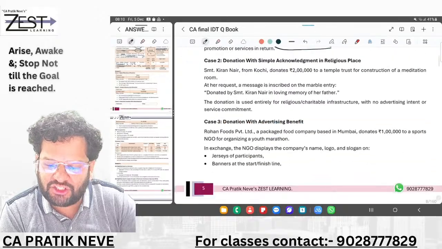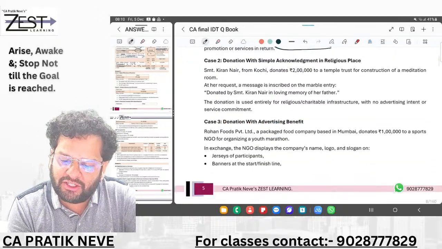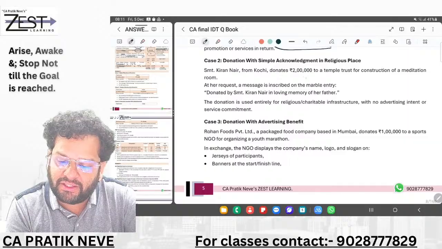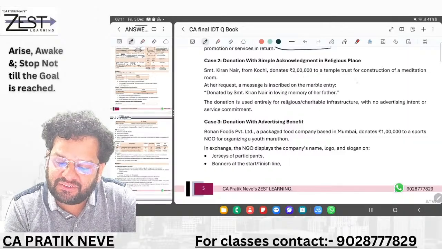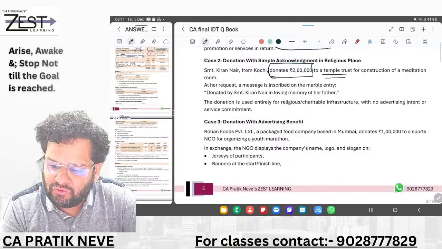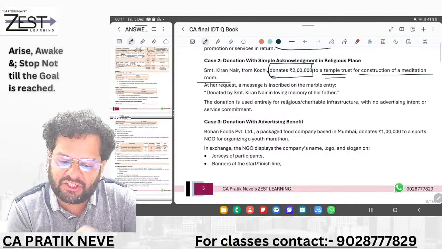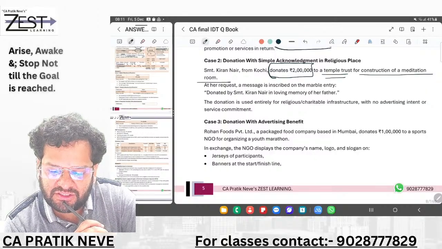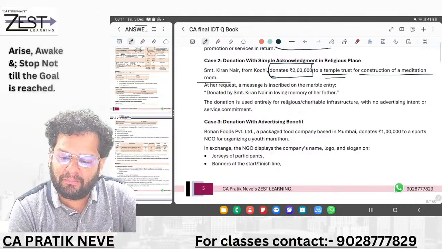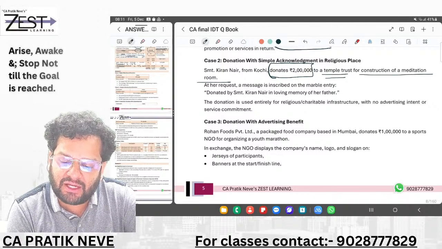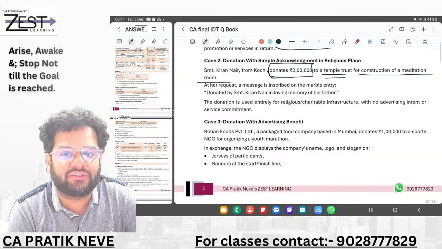Then donation with simple acknowledgement in a religious place. Srimati Kiran Nair from Kochi donates 2 lakh to a temple trust for construction of a meditation room. At her request, a message is inscribed on the marble entry, donated by Srimati Kiran Nair in loving memory of her father.